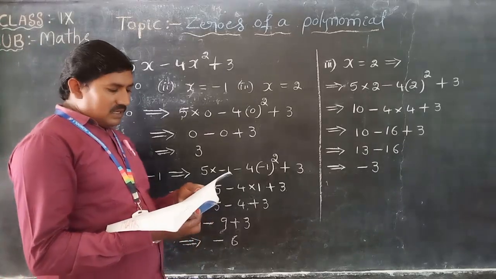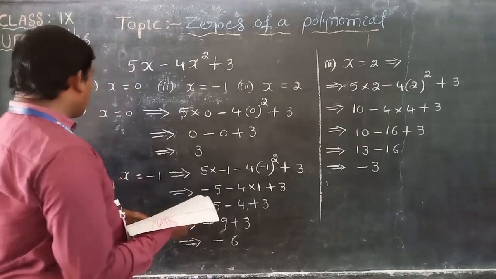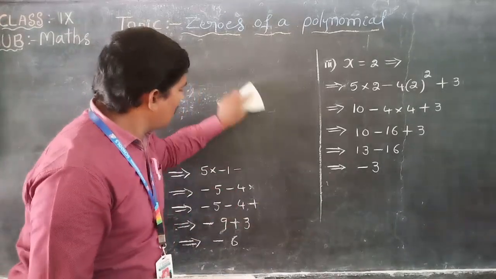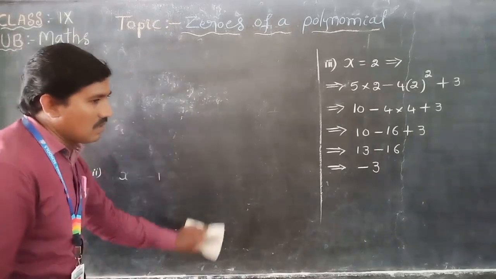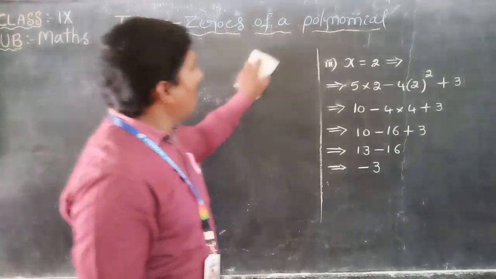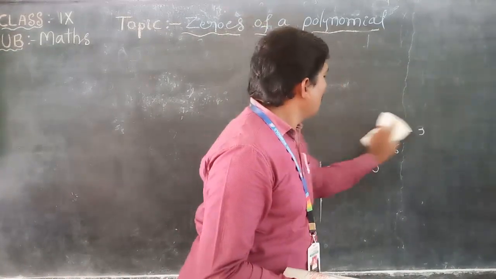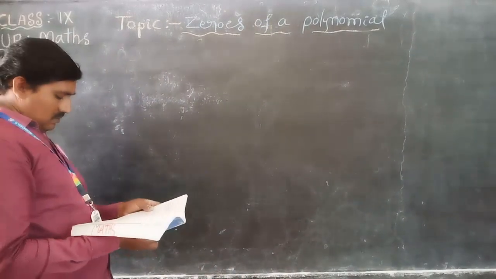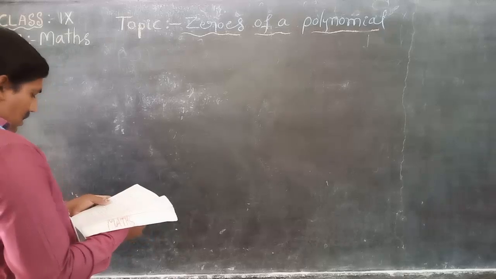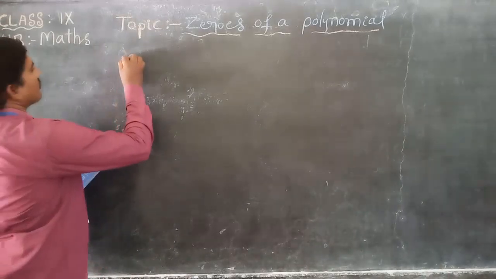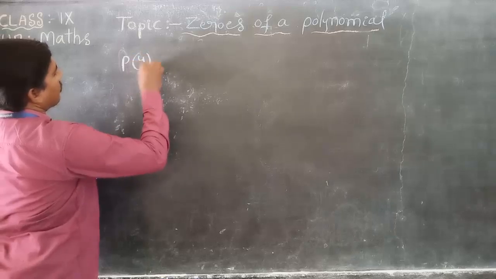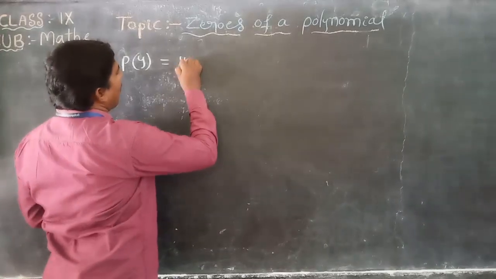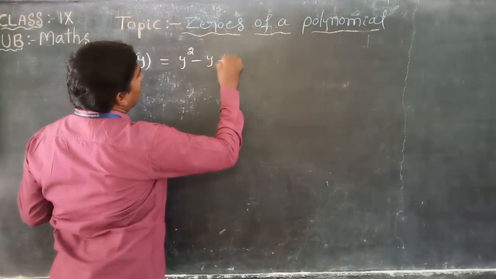Okay, one more problem we'll see here. P of y is equal to y square minus y plus 1.